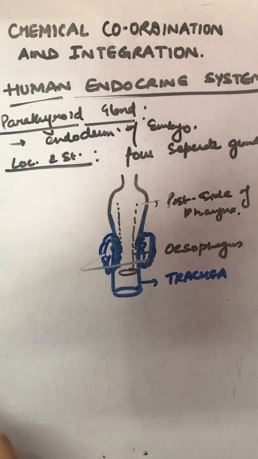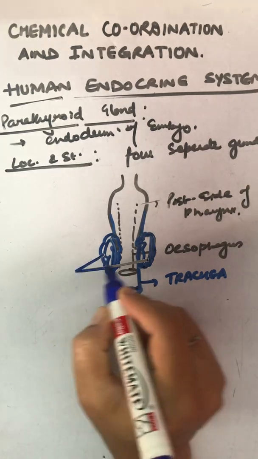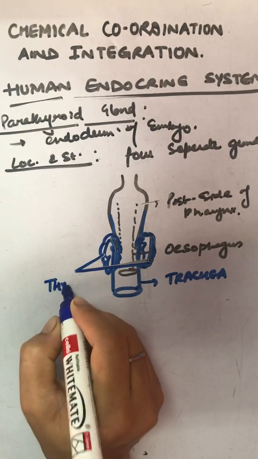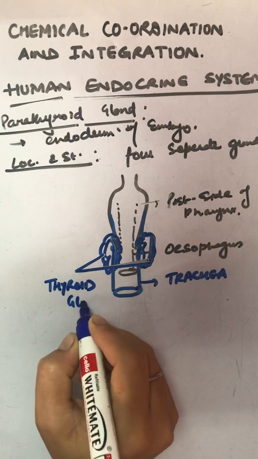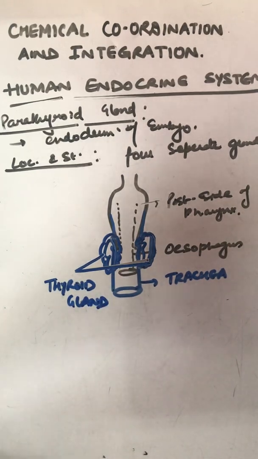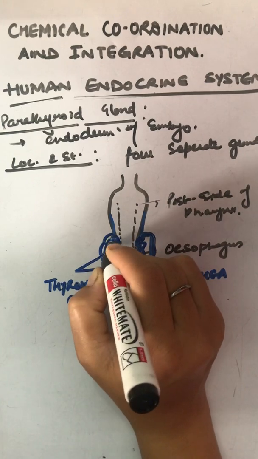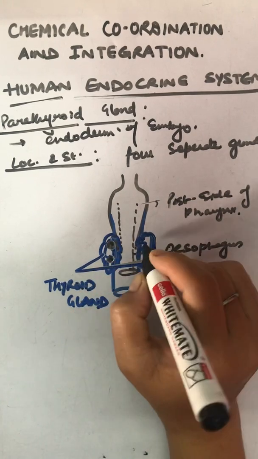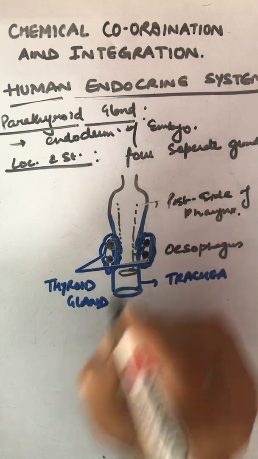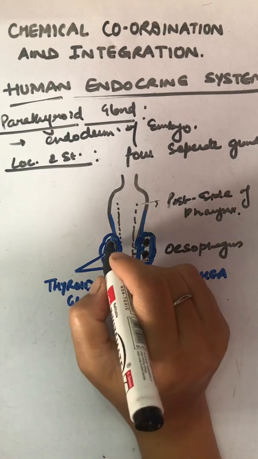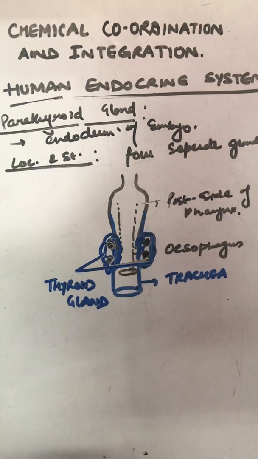Okay, I'm marking it here. It's thyroid gland. And over there only, these 2 black dots in the middle and the black dots on this side, okay, these are the parathyroid ones.